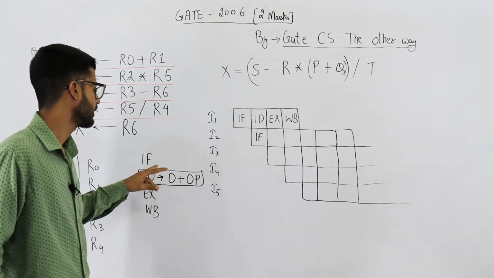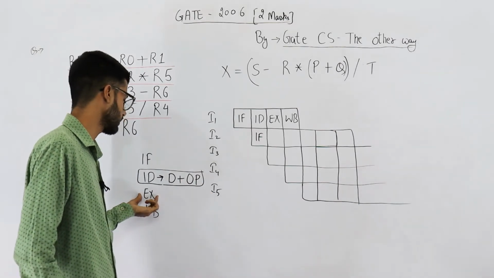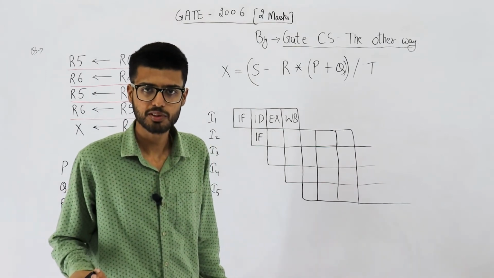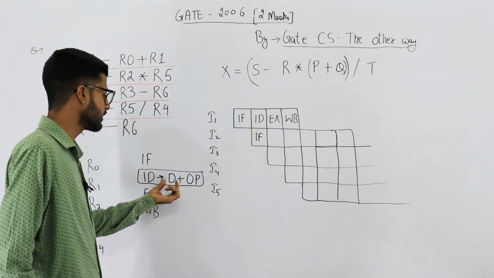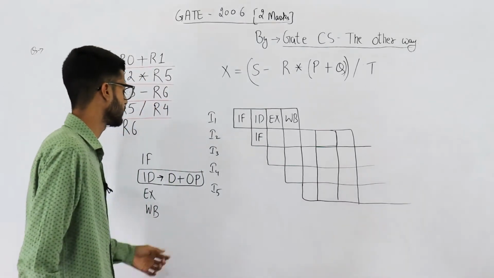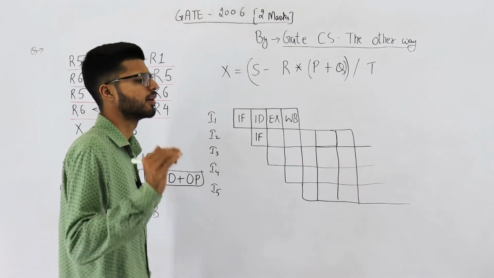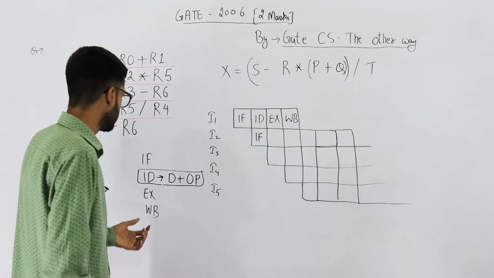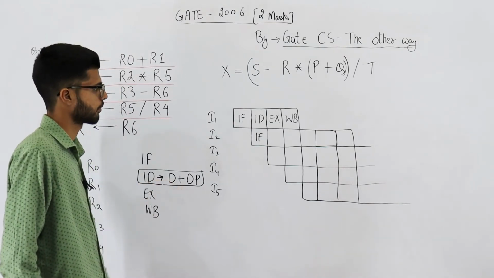But I think ID must be decode and operand fetch, because they are saying execute phase is forwarding its operand to ID. Why is ID going to require any operands? If ID is for decode, decode does not require any operands. That's the reason why I am saying ID is for decode plus operand fetch or decode plus register read, whatever it is. That's why you can consider this correction in the statement.